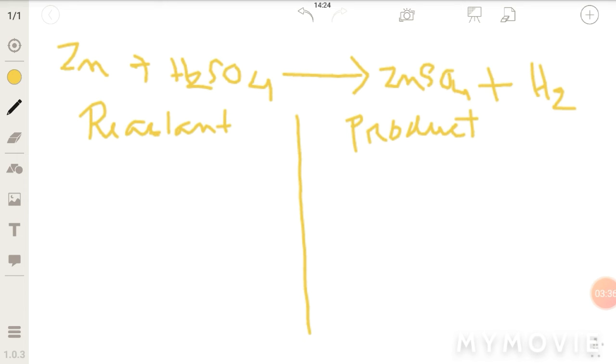Now first step is to identify the metal in the reactant. Here zinc is a metal, so you write zinc. Then to identify the non-metal, sulfur is the non-metal.